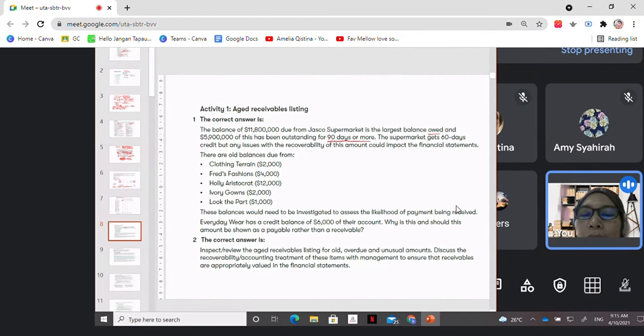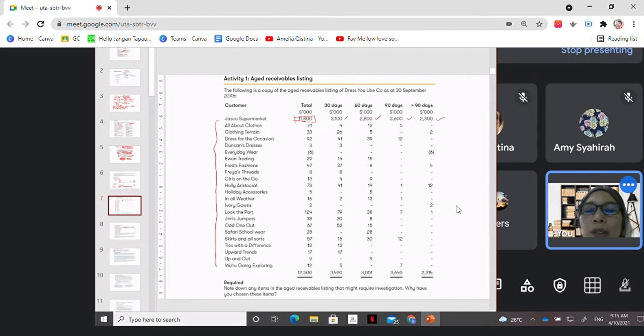When you perform the analytical procedures, you have to determine, remember, the number of days of collection period.